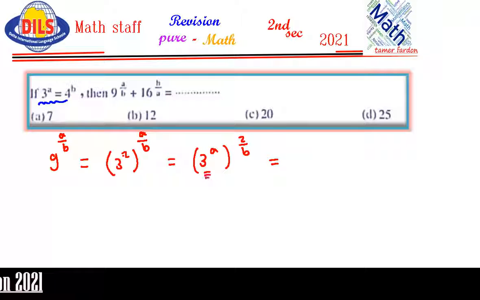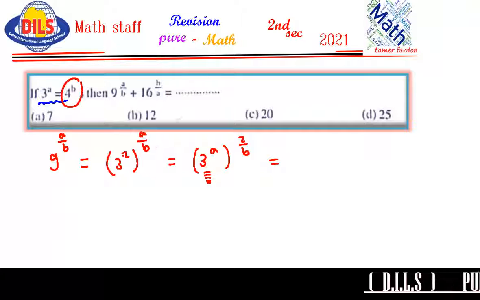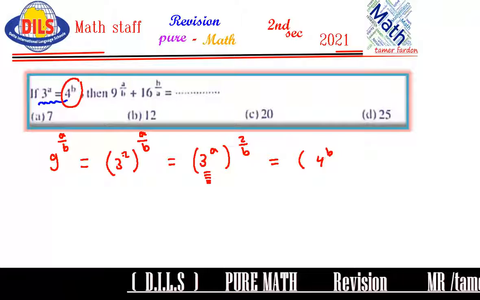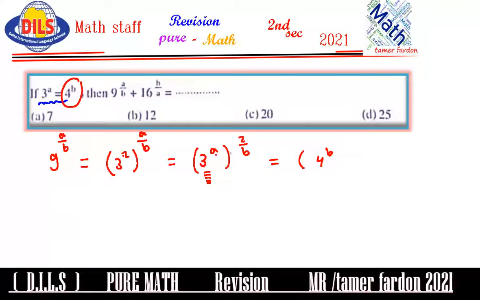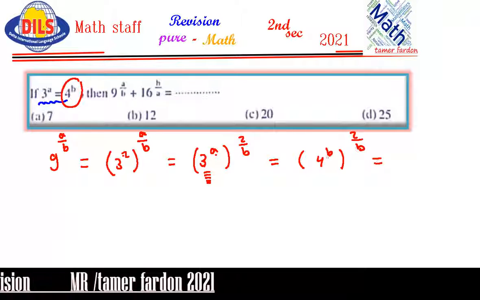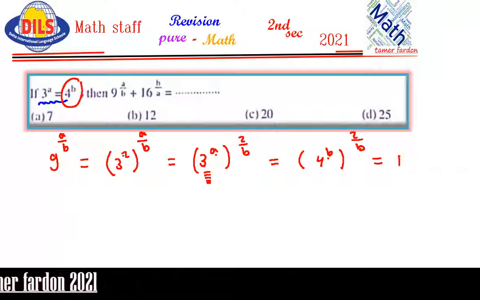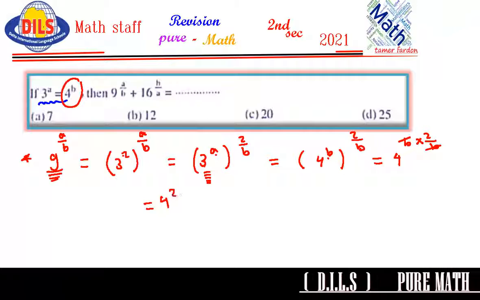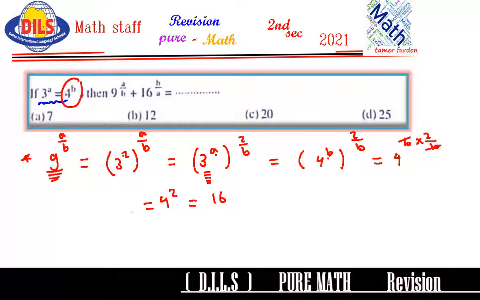We can replace 3 power a by 4 power b from the given to get 4 power b all power 2 over b. Power and power multiply, we get 4 power b times 2 over b. This equals 4 power 2, cancelling b with b, which equals 16.